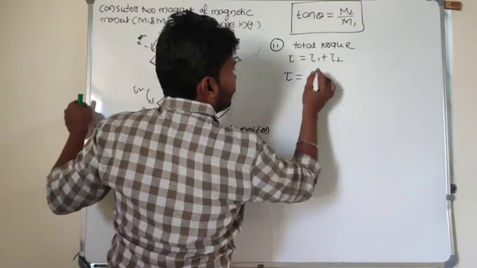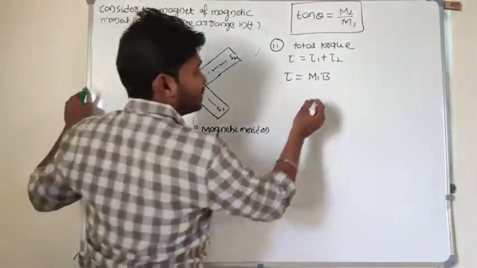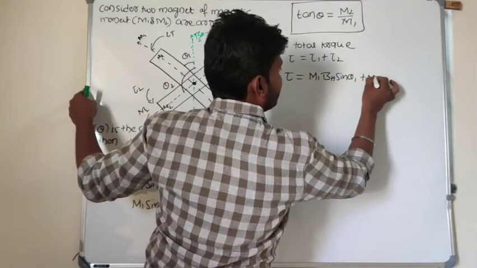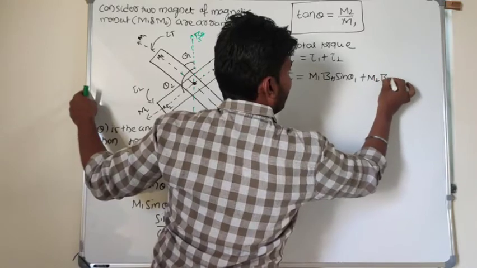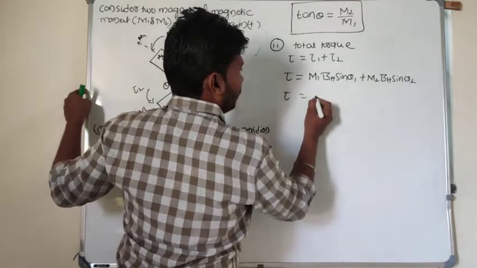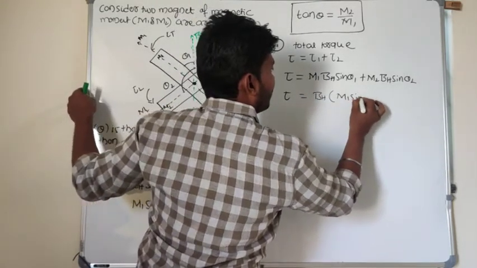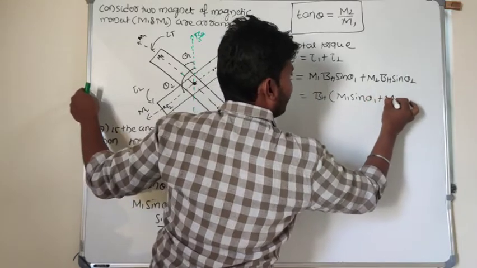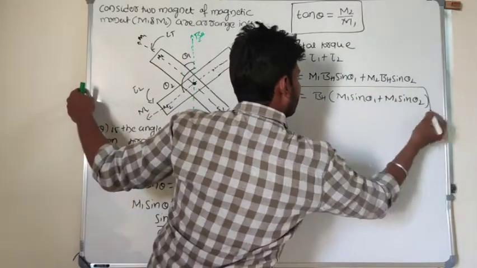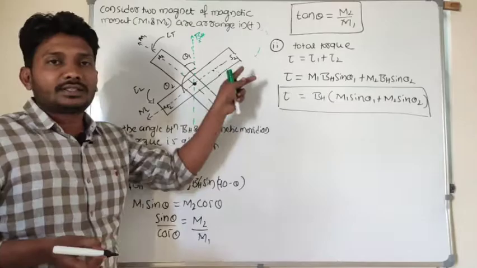Then torque tau is equal to M1 B of H sine of theta 1 plus M2 B of H sine of theta 2. Total torque, B of H I will take as common: M1 sine of theta 1 plus M2 sine of theta 2. This is the required answer if these two magnets are arranged in this direction.